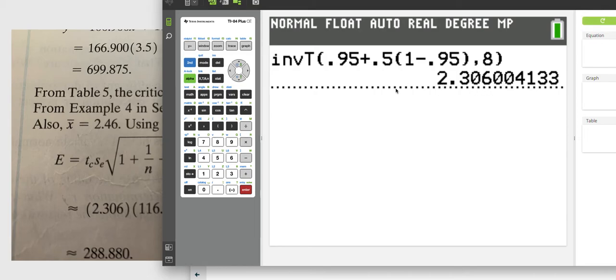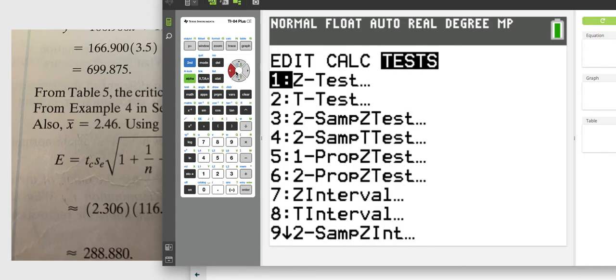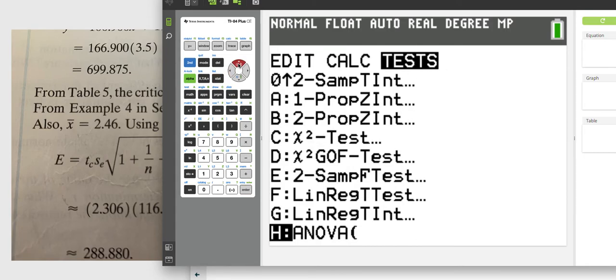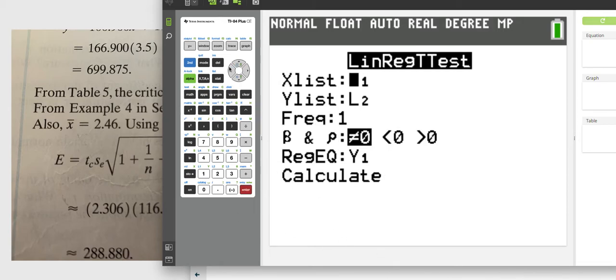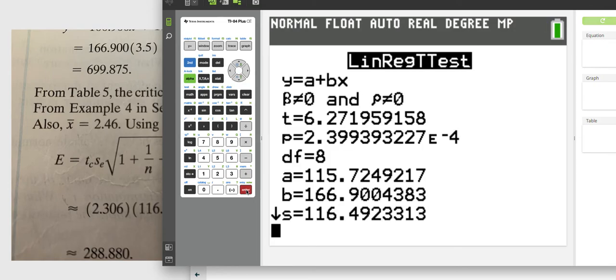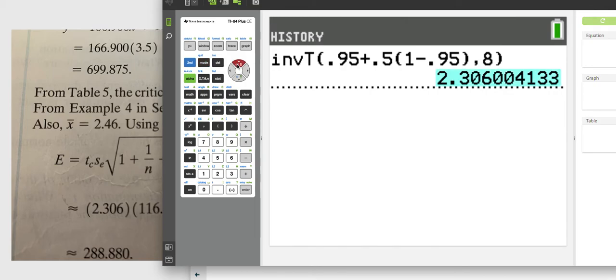All the other values will come from running the LinRegTTest. This is where we're going to get all the other values. Hit enter. They're all stored here now, so now I can enter that equation. The first one I'm going to use is this number.